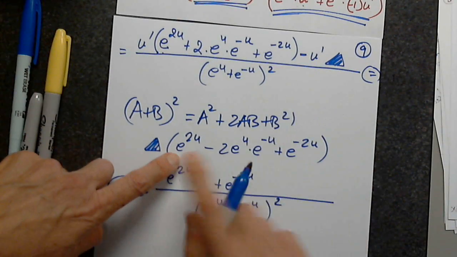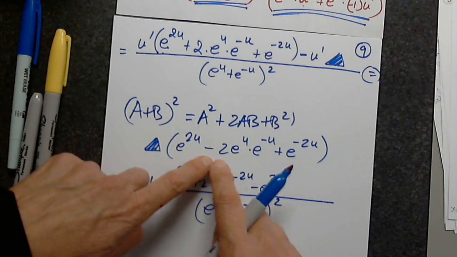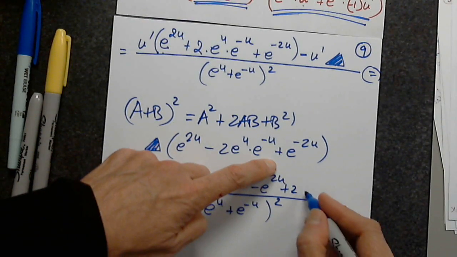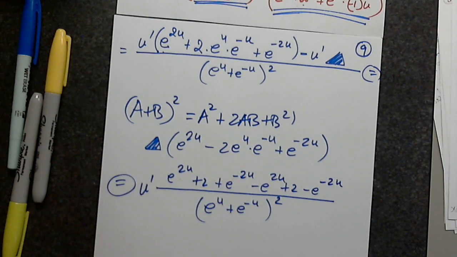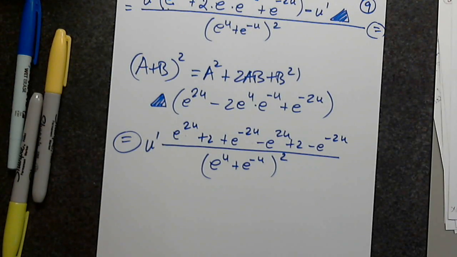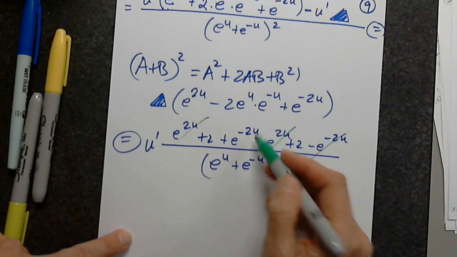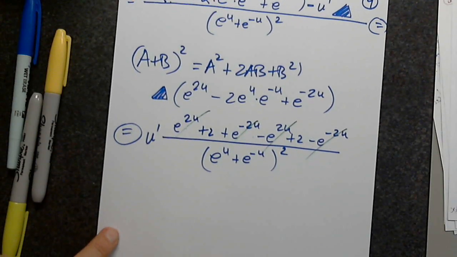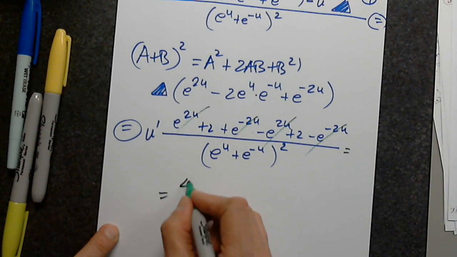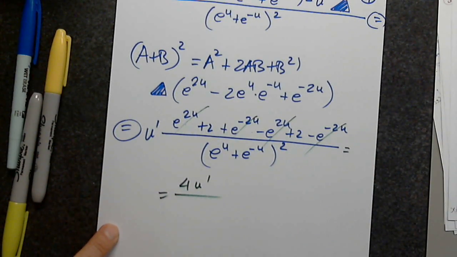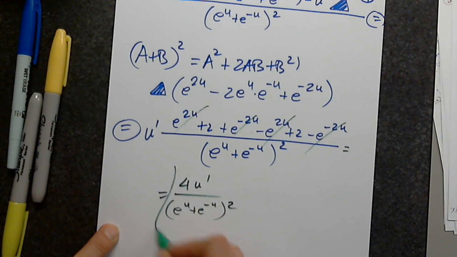But minus, very good, minus e to 2u and plus 2 and minus e to negative 2u. I really hope that many go away, and I think that I can say that these two go away, and the top is 4. So this is 4 u prime. I don't need to do anything to the denominator, e to u plus e to negative u squared.